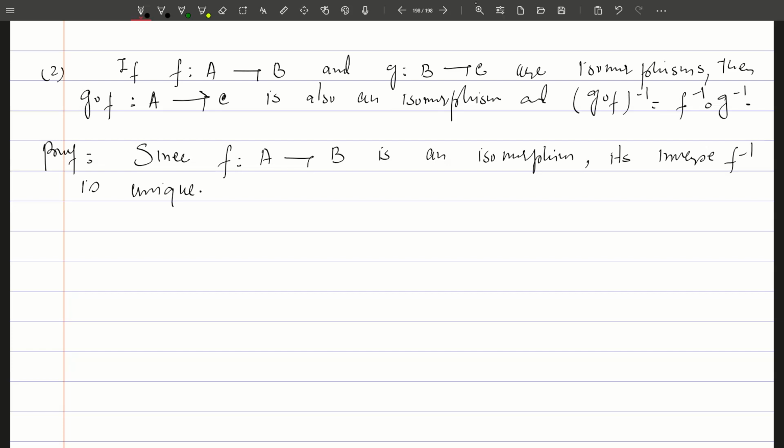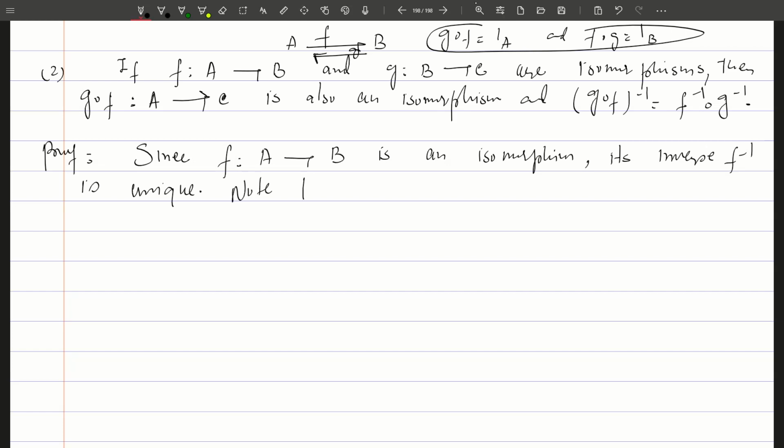So let us first recall what we mean by an isomorphism. We call a map f from object A to B an isomorphism if there exists a map g from B to A such that g composite f is identity on A and f composite g is identity on B. So here f is an isomorphism and its inverse f inverse is unique. Now to prove f inverse is an isomorphism, we have to prove these two conditions.